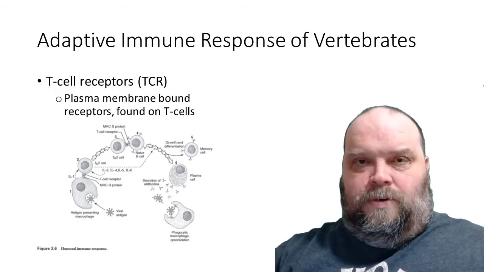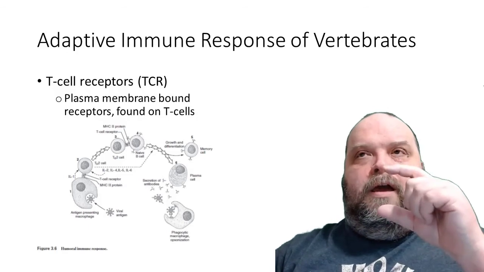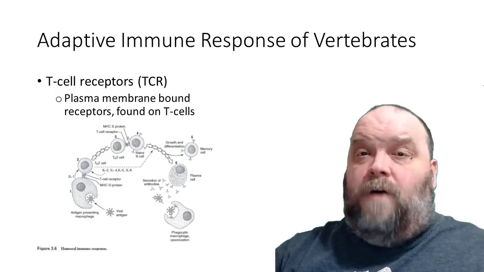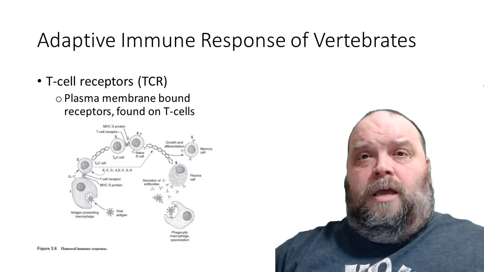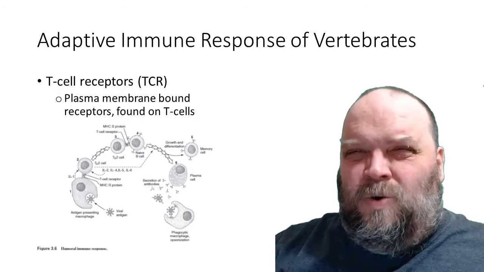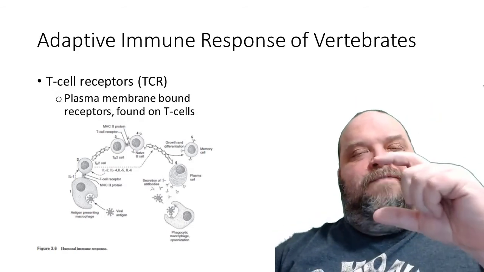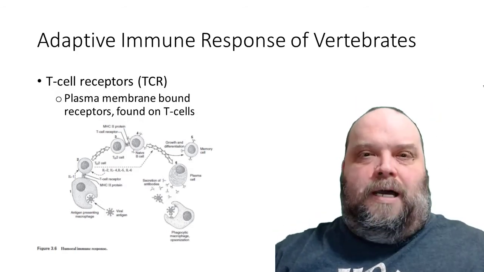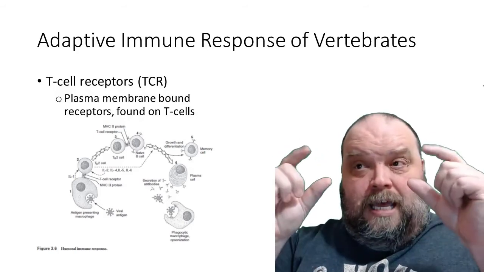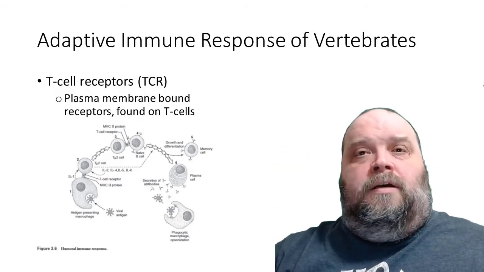T cell receptors are immunoglobulin-like receptors on the surface of all T cells. Immunoglobulin-like. They kind of resemble, but not quite all the way, the FAB fragment of an antibody. Remember the Y part, the arms at the ends, FAB.